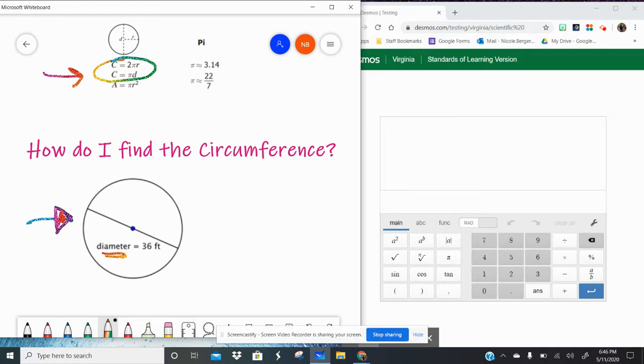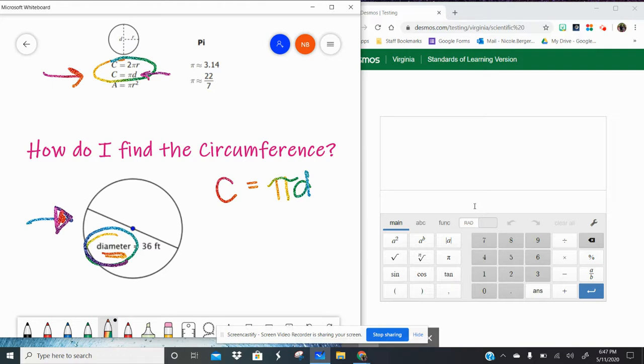One formula says circumference is 2 times pi times radius. And the second formula says circumference is pi times diameter. Well, if I know the diameter, I'm going to use the second one, that has that D for diameter. So with formulas, first step, write the formula. Circumference equals pi times diameter.